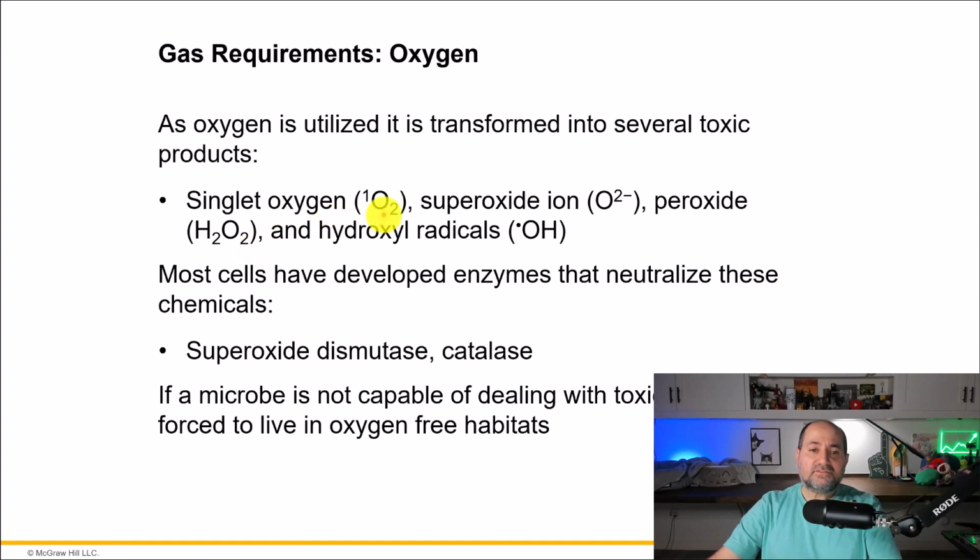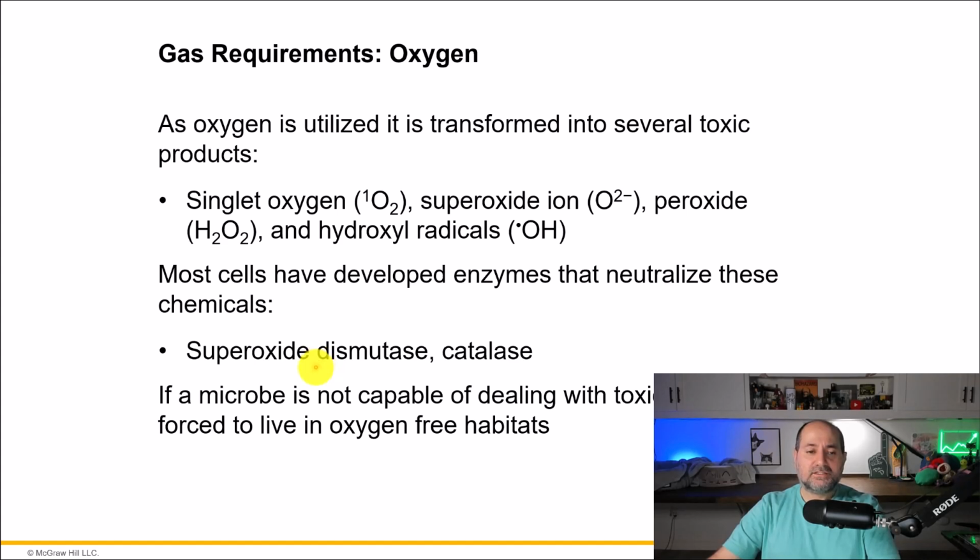However, if the organism does have the adaptation to produce those enzymes, like, look, superoxide dismutase and catalase, these are enzymes that are involved in converting these reactive oxygens back to non-reactive oxygens. And if that's the case, then the organism can grow in the presence of oxygen.